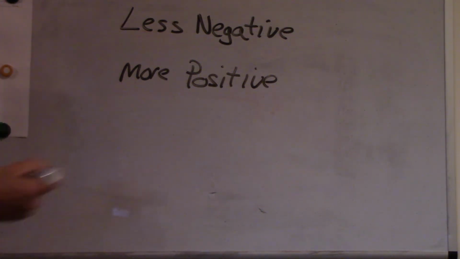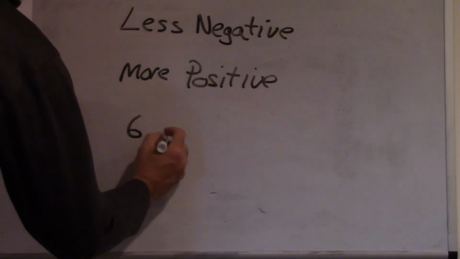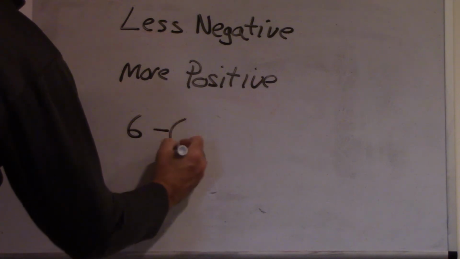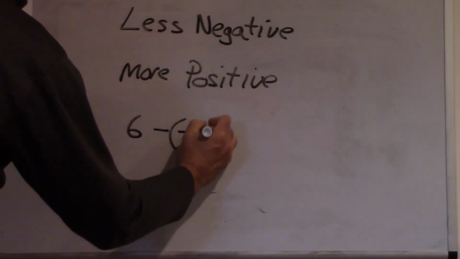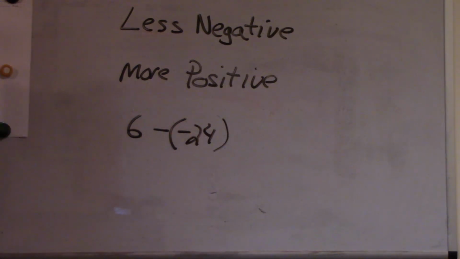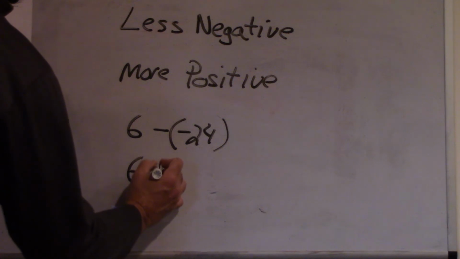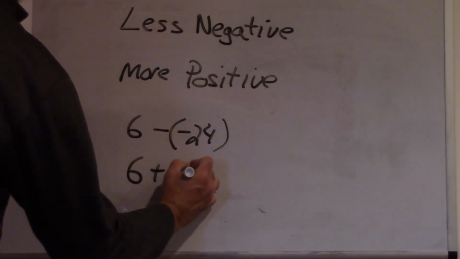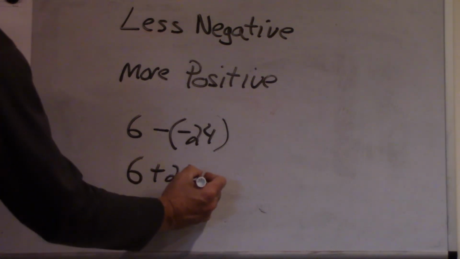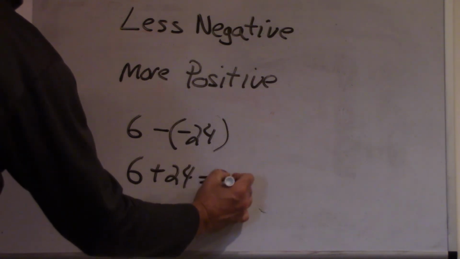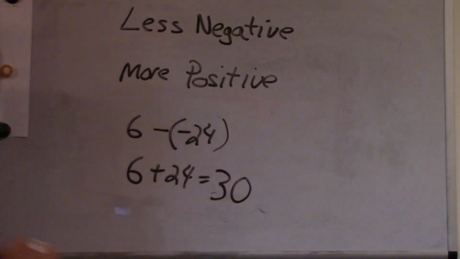How about 6 minus a negative 24? 6 minus a negative 24. Less negative. So it's going to be 6 plus 24, and 6 plus 24 is 30.